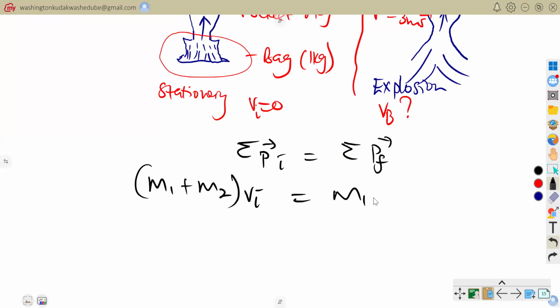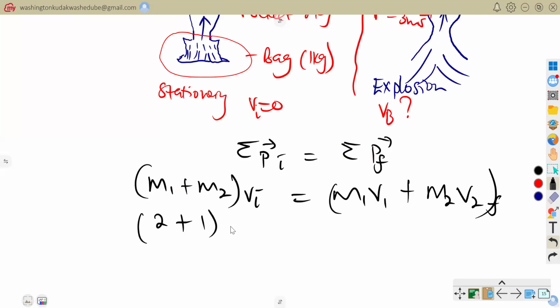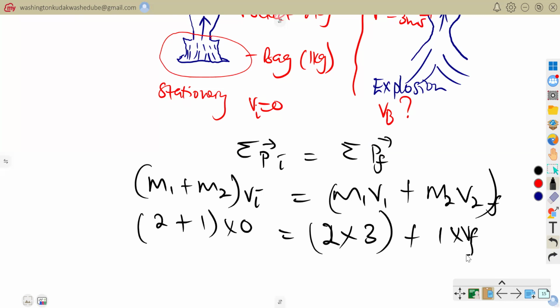Then mass of 1 and velocity of 1 plus mass of 2, velocity of 2, final. So mass of 1, it's 2 kgs plus 1 kg times initial velocity, it's 0, equal to mass of 1, which is 2 kgs times the velocity of 3 meters per second plus mass 1 kg times the final velocity that I do not know.